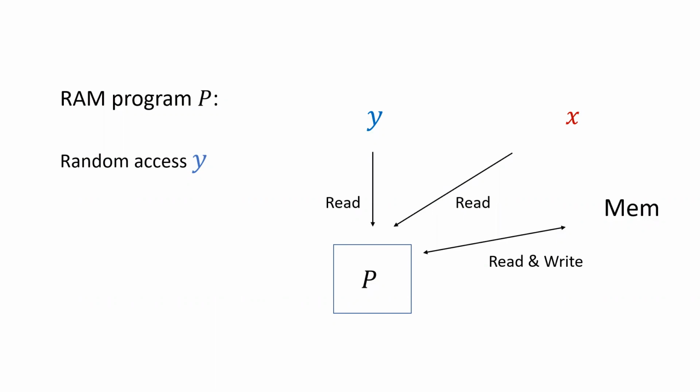And by random access machine model, I mean this program P has random access to not only Y, P also has random access to the input X and the internal memory. Particularly, the internal memory has to be readable and writable, compared to the input, which is only read-only.